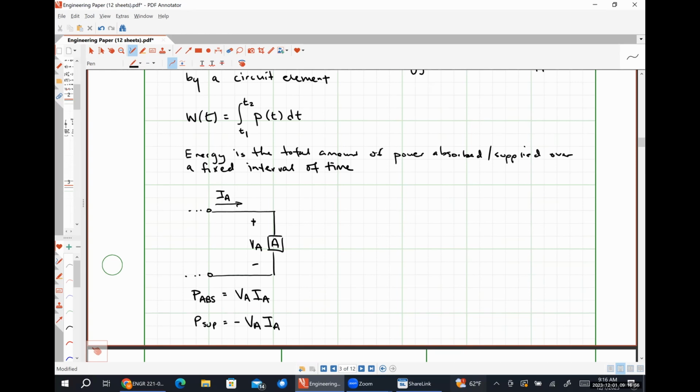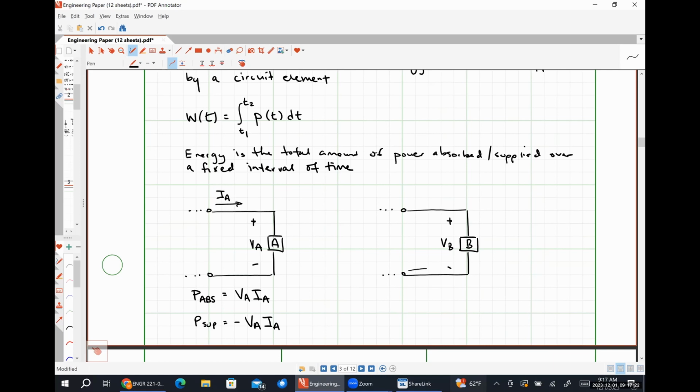The opposite condition is this. So here's generic circuit element B. I'm going to define the voltage drop across VB with positive polarity on top.